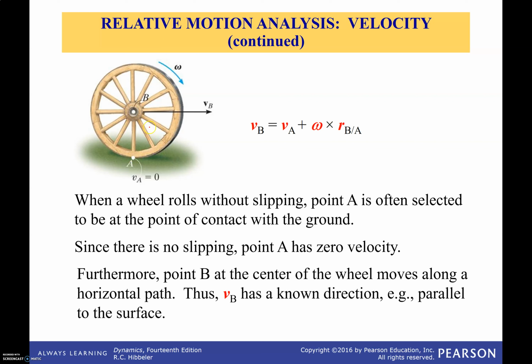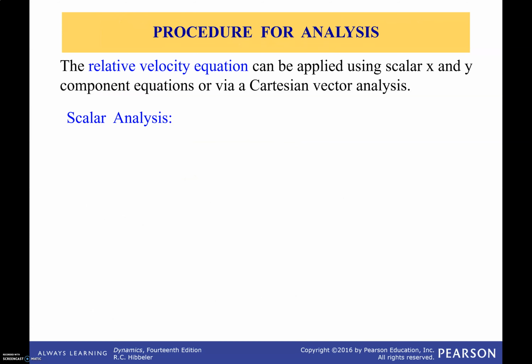We should remember that if there's no slipping, this point here, when the wheel is not slipping and there is friction here that causes this point to be at rest instantaneously, then we can write the velocity of this point, B, as the velocity of this point, which is 0, plus omega cross r of B relative to A. And omega is just the angular velocity of the wheel. So that's an equation that could be used to find angular velocities of wheels and study the motions of wheels.